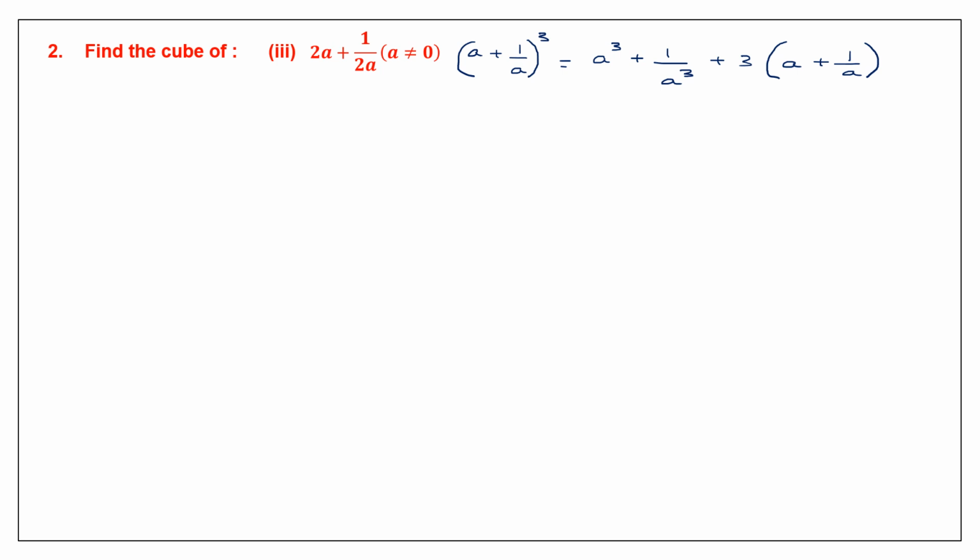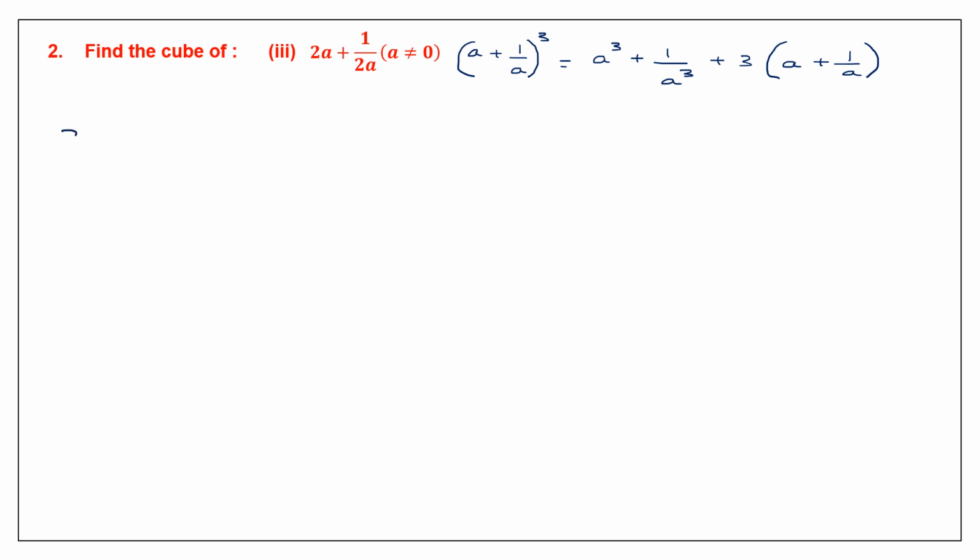So all these expansions you need to learn. So a plus 1 by a the whole cube is a cube plus 1 by a cube plus 3 into a plus 1 by a. So we're going to apply that here. So in the place of a we have 2a. In the place of 1 by a here we have 1 by 2a. So let's work that out here.